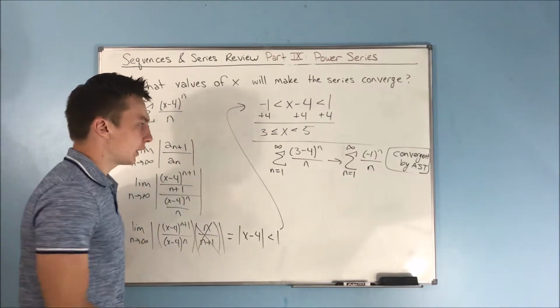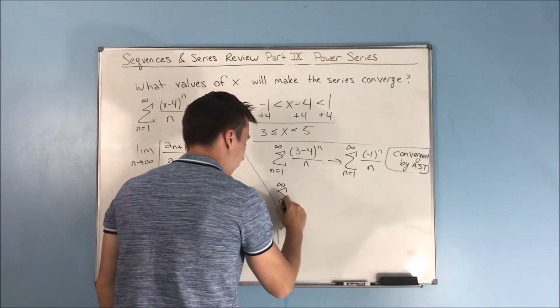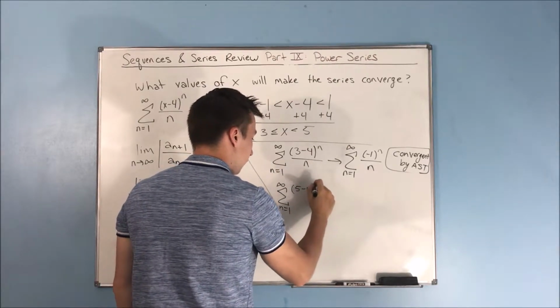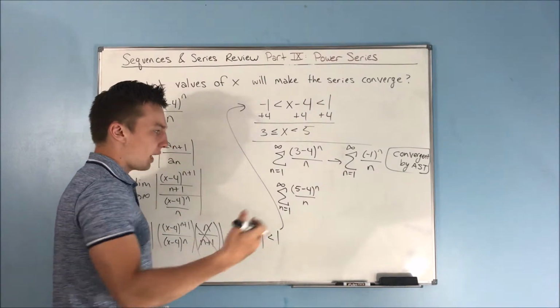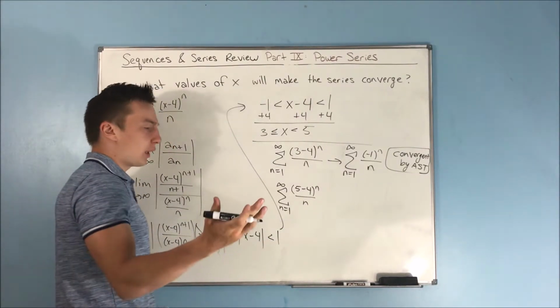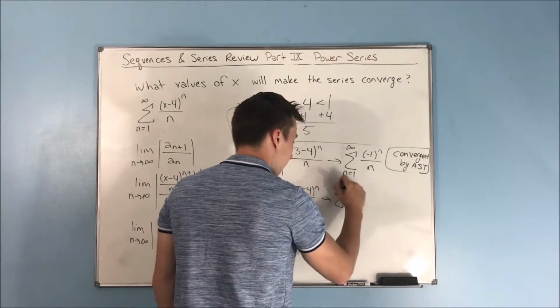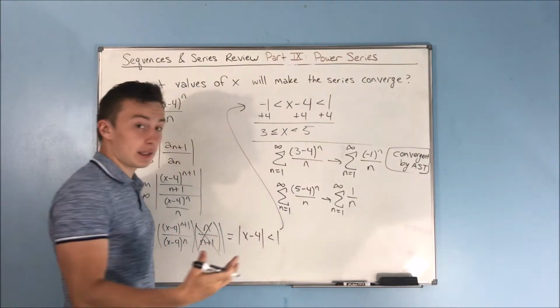Well, let's check 5 here. Take the sum from n equals 1 to infinity of 5 minus 4 to the n over n. Well, that's just going to be 1 to the n over n, and 1 to any power is going to be 1, so we get the sum from n equals 1 to infinity of 1 over n. That's the harmonic series.